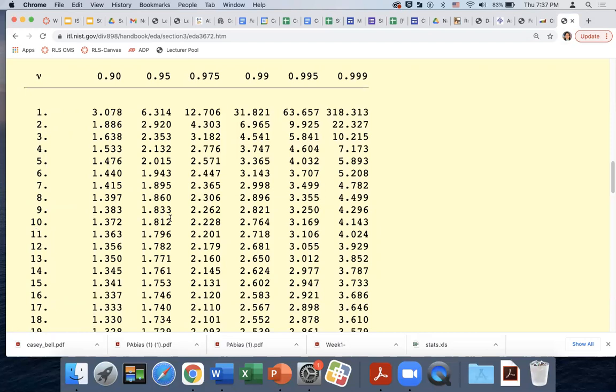These are the critical values, which mathematicians and statisticians have already calculated for you.